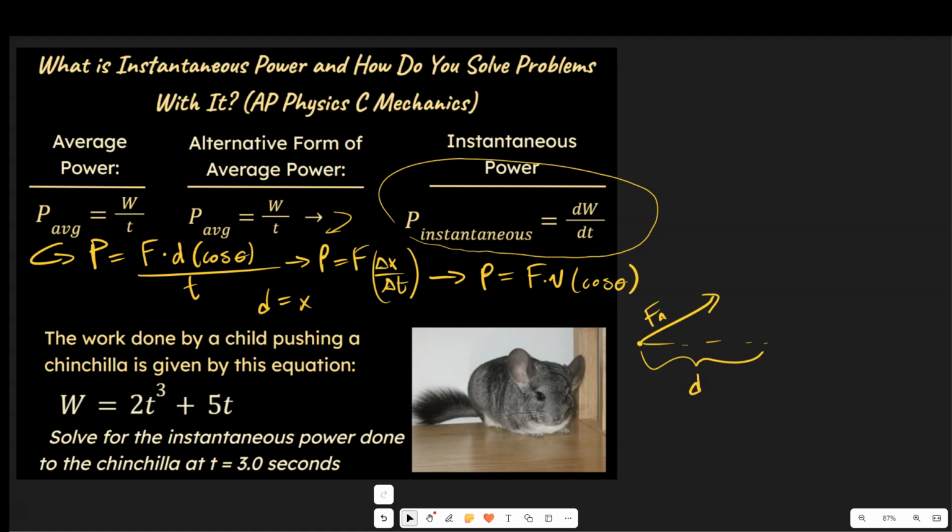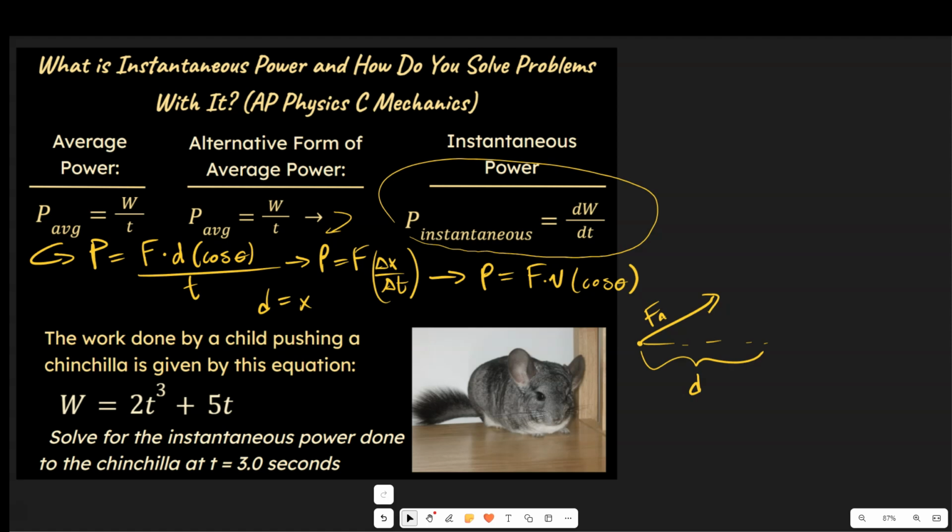We do have an equation down below, a problem that we can try. It involves a chinchilla, and so let's say there is a certain amount of work done by a child pushing on a chinchilla across a floor or something like that, and we've got an equation that governs this action here. The problem says solve for the instantaneous power done to the chinchilla at t equals 3 seconds.